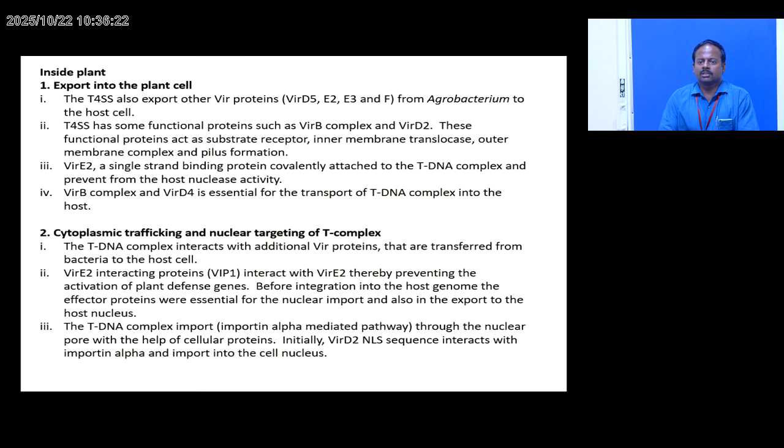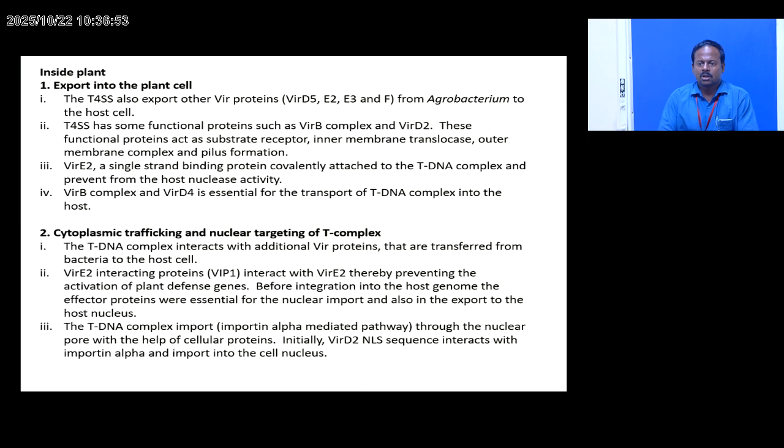The next major step is the cytoplasmic trafficking and nuclear targeting of the T complex. The T-DNA complex interacts with additional Vir proteins transferred from the bacteria to the host cell. VirE2 interacting protein, VIP1, interacts with VirE2, thereby preventing the activation of plant defense genes. Before integration into the host genome, the effector proteins are essential for nuclear import.